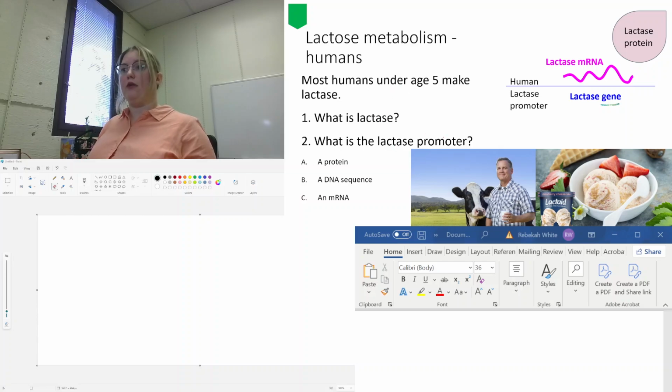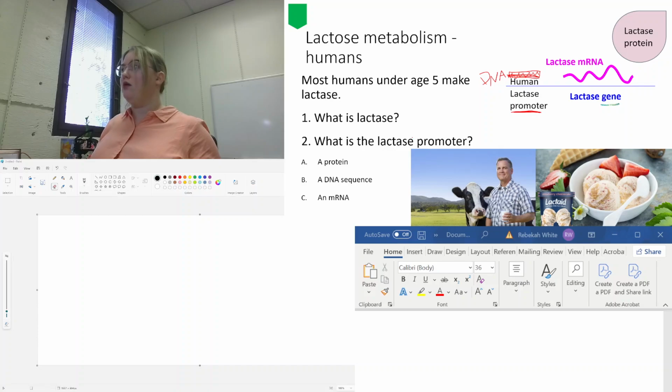Now let's talk about this promoter. What is the lactase promoter? Is it a protein, a DNA sequence, or an mRNA? We're talking about this right here. This promoter is a part of the gene, right? This sits here, and this is DNA.